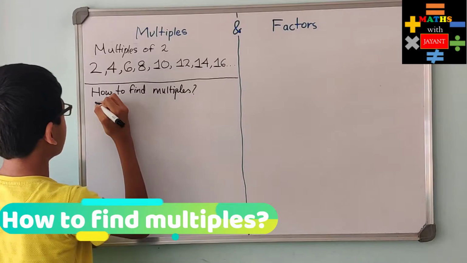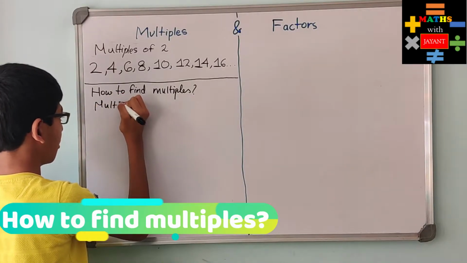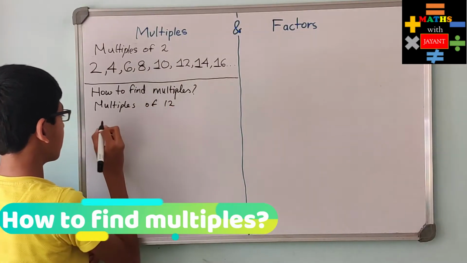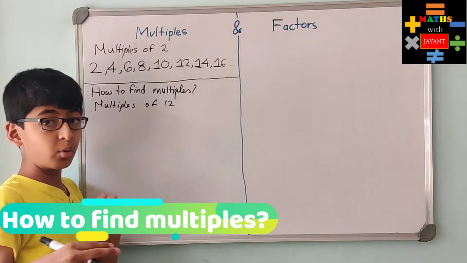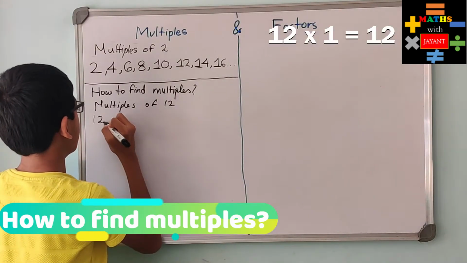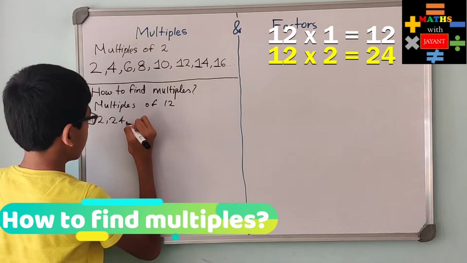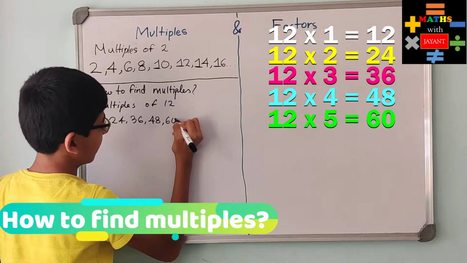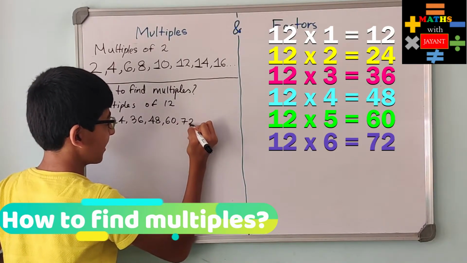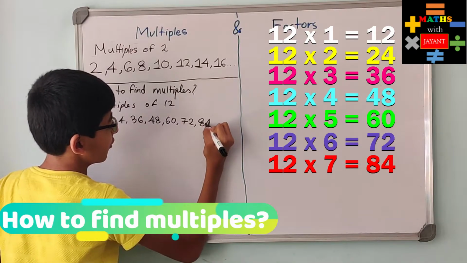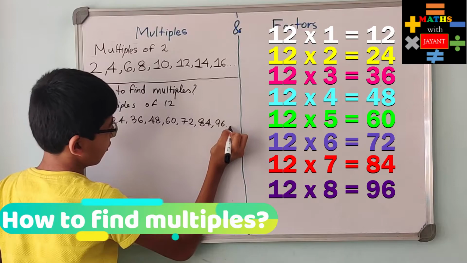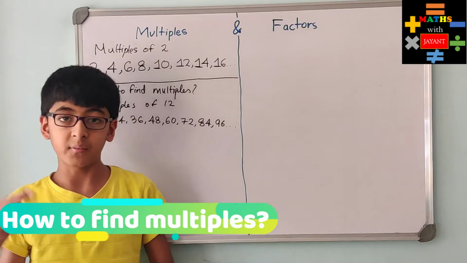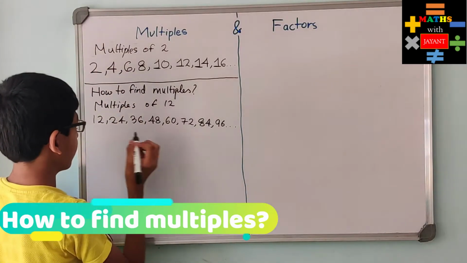So if you have to find the multiples of 12, we will multiply 12 with 1, with 2 and so on. 12 ones are 12, 12 twos are 24, 12 threes are 36, 12 fours are 48, 12 fives are 60, 12 sixes are 72, 12 sevens are 84, 12 eights are 96 and so on. So this is how we find the multiples. We multiply with 1, 2, 3, 4 and so on.